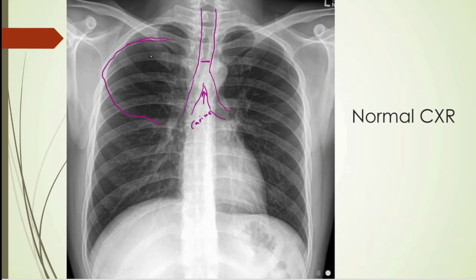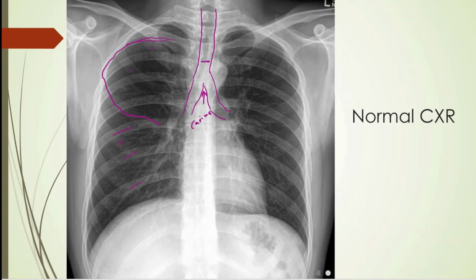So this is anterior rib, anterior rib, anterior rib. These are posterior ribs. So anyway, you look at all the ribs, no fractures. Clavicles, no fractures. Look at the vertebrae, they look fine. Any parts of the shoulders that are in view look fine. So that's B of the ABCDE method.